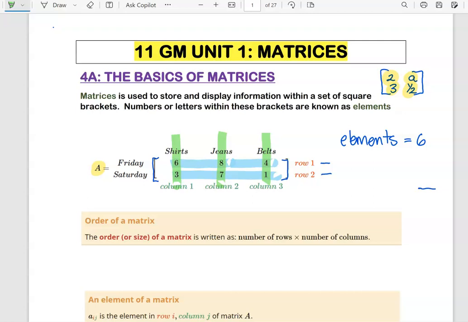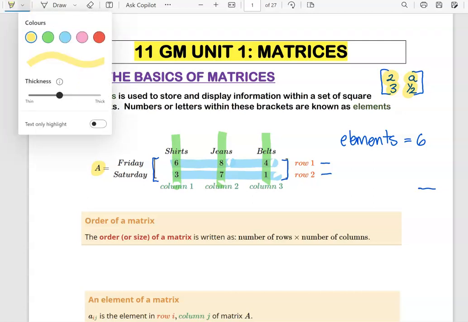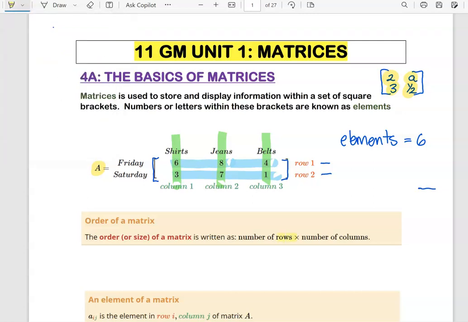So when we refer to a matrix, we often say the order of the matrix, and the order of the matrix is the size of it. Okay, so with the size, we're always going to say the rows first by the number of columns. All right, so we're always going to say rows first. So if you look at this little example, its order is 2 because it has 2 rows.